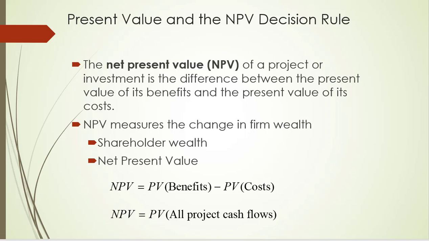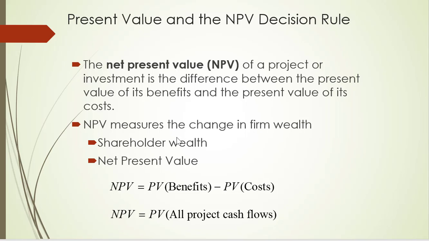So the net present value just measures the difference between the present value of benefits and the present value of costs. So this process is really just a very simple cost benefit analysis. Net present value, though, is a very special measure. It measures the change in firm wealth, shareholder wealth.